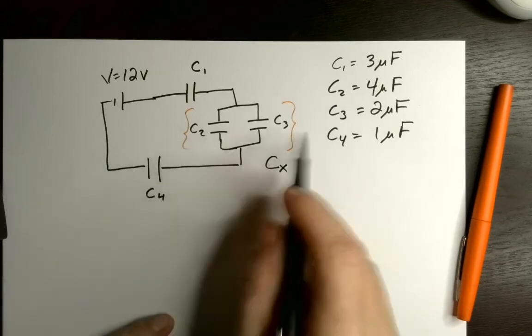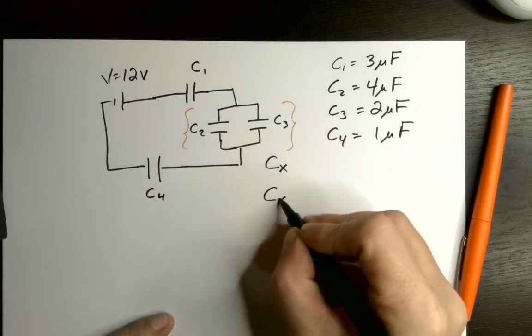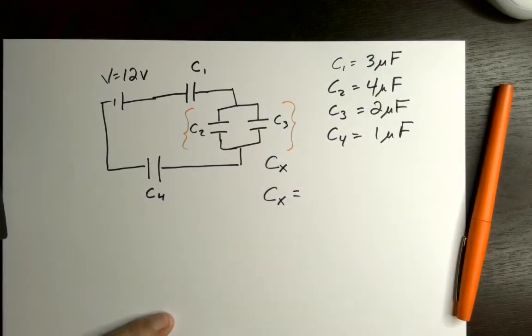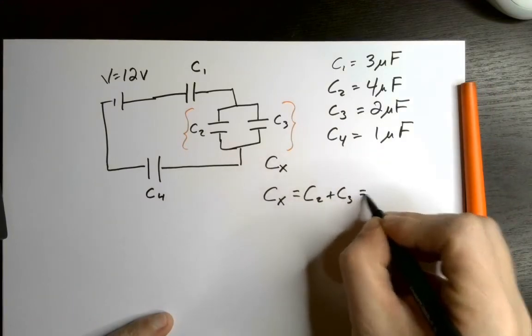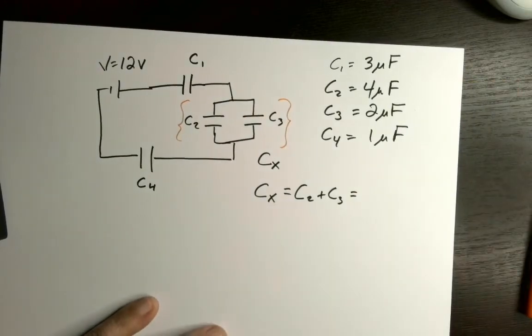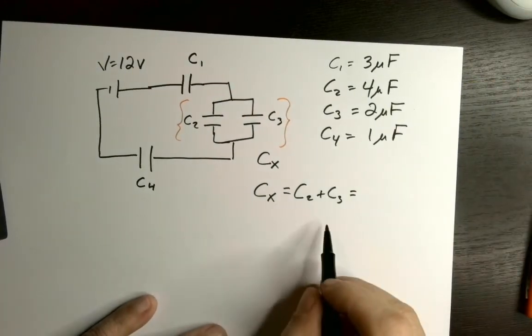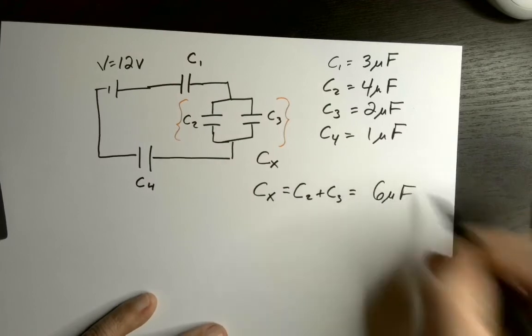And because they are in parallel, and being in parallel effectively just increases the area of those capacitors, Cx is just going to be equal to C2 plus C3. Okay? Capacitors in parallel being like resistors in series, you just add them together. So C2 plus C3 is equal to 6 microfarads.